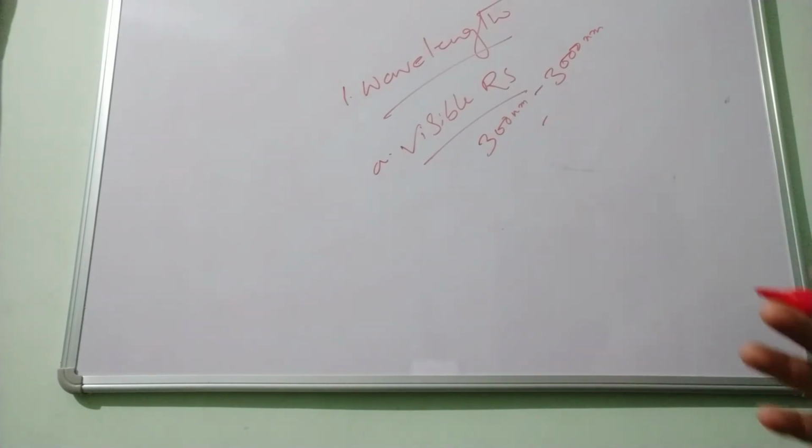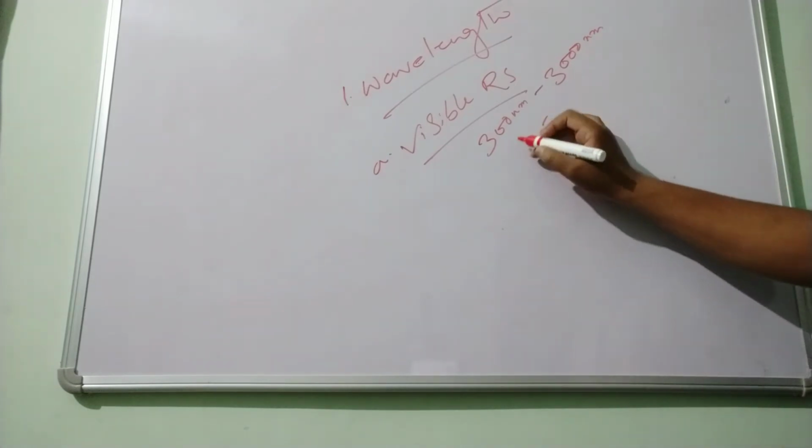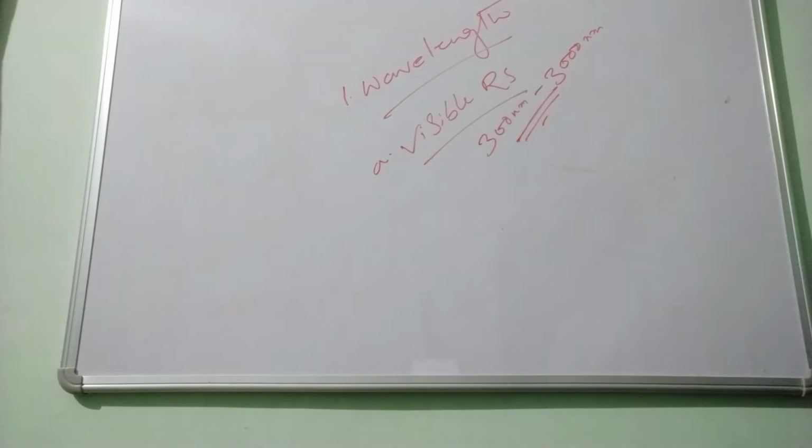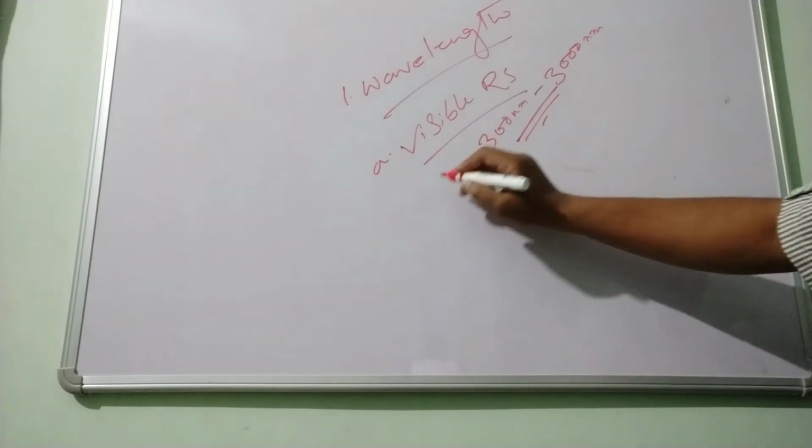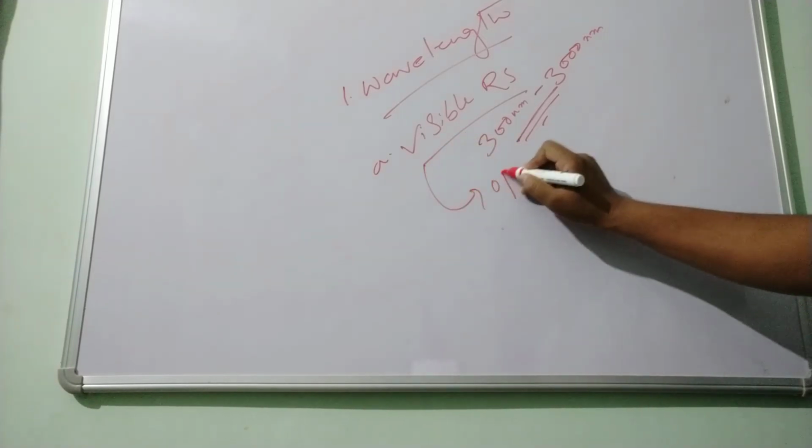So the information will be acquired within these wavelength regions. Then we can consider it as visible remote sensing. It is also known as optical remote sensing.